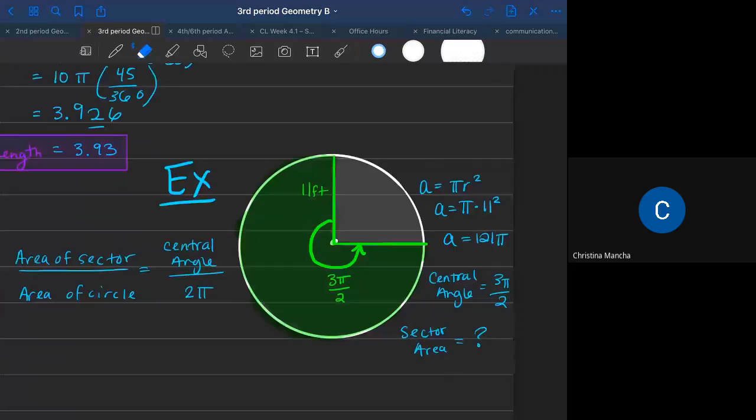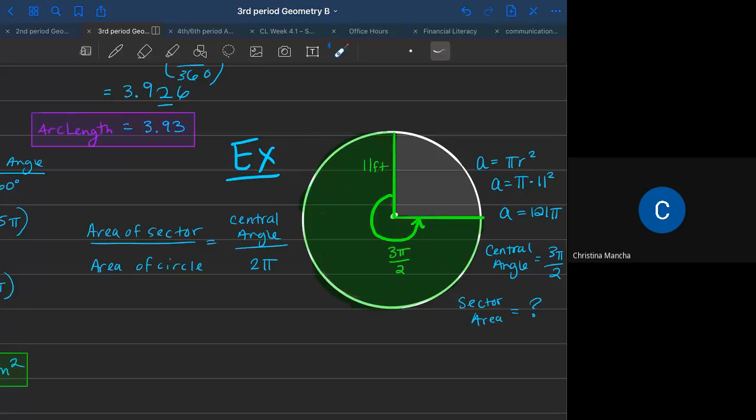Okay? So this piece here, the area of the full circle, goes here. The central angle goes here. And then what we're looking for is the sector area, and that's why the question mark is going to be replaced with an x.